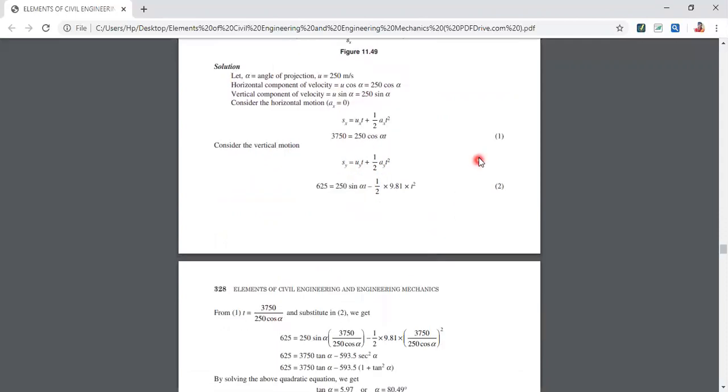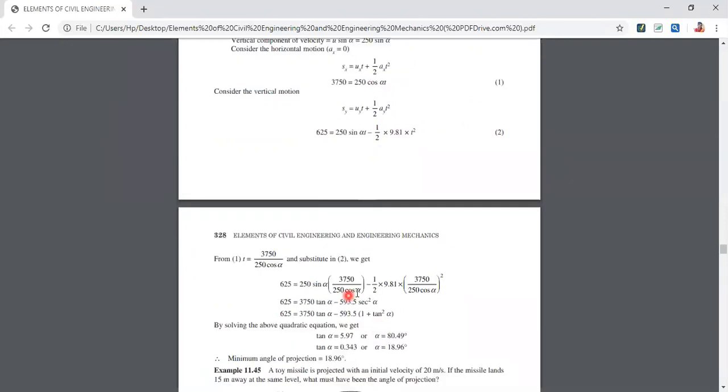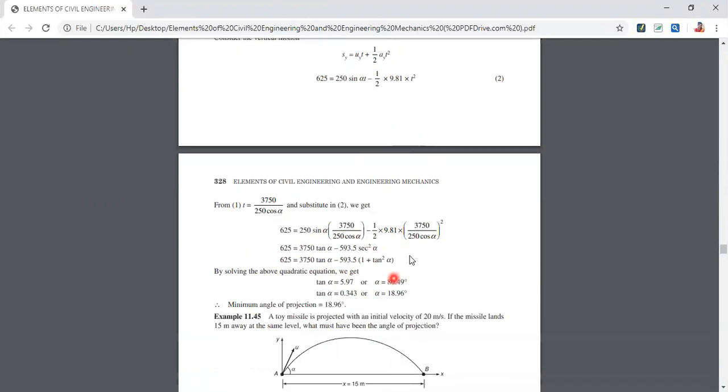Now from equation 1, I get the value of t, that is 3750 divided by 250 cos alpha, and I can substitute that for t in this equation. That is how we did the derivation for the equation of trajectory. In a similar way, we substitute in the vertical component equation, and solving that equation, I get the minimum angle of projection to be 18.96.